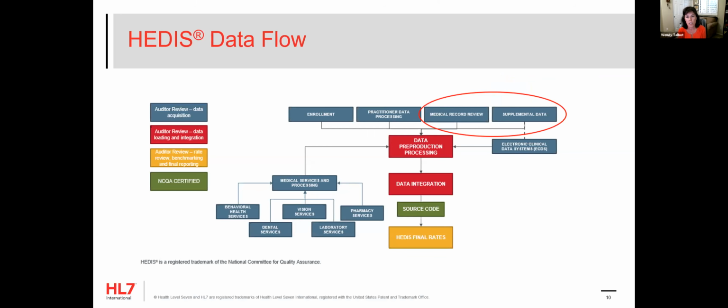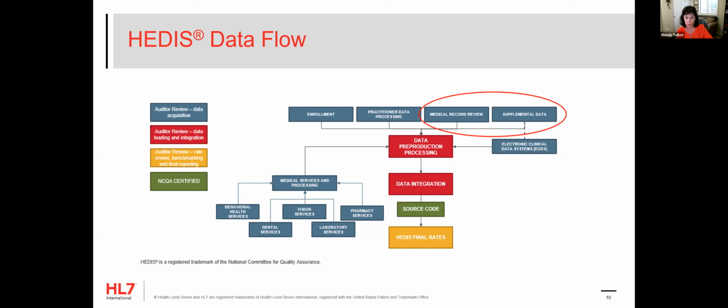Just to set the stage for those of you that might not be familiar with HEDIS, we have requirements where health plans who report HEDIS quality data to NCQA have to undergo an audit. This diagram shows the audit flow, the process of all the data that are considered when reporting HEDIS measures. The 2 categories in the red circle, the medical record review and the supplemental data, are where the C-CDA documents come into play among health plans and vendors who support health plan reporting.